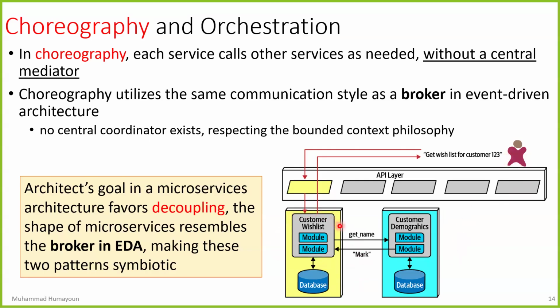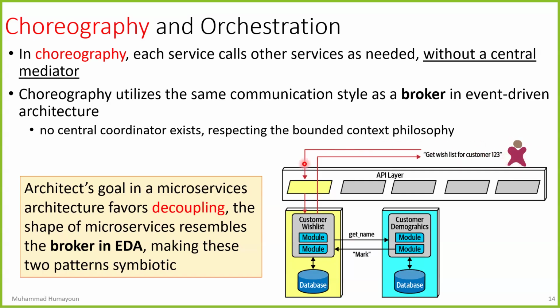Imagine you have one microservice about customer wish list, one microservice about customer demographics, and the customer wants to get a wish list for customer 123. So this customer wants to fetch his wish list within the system, and the customer's ID is 123.